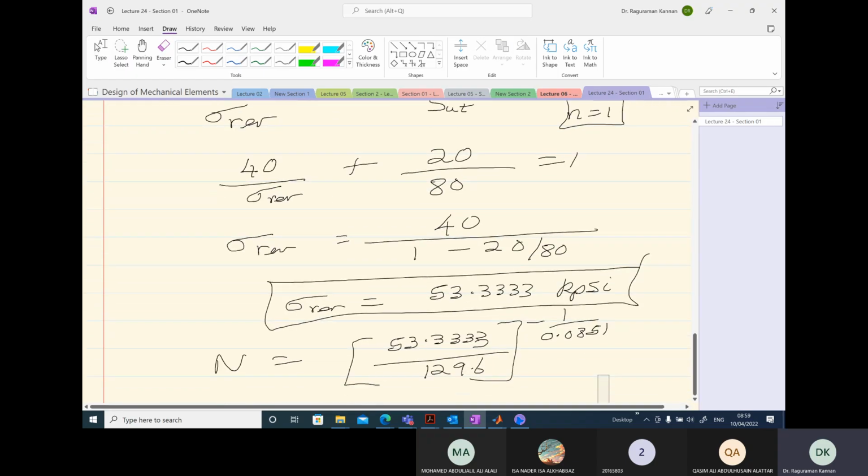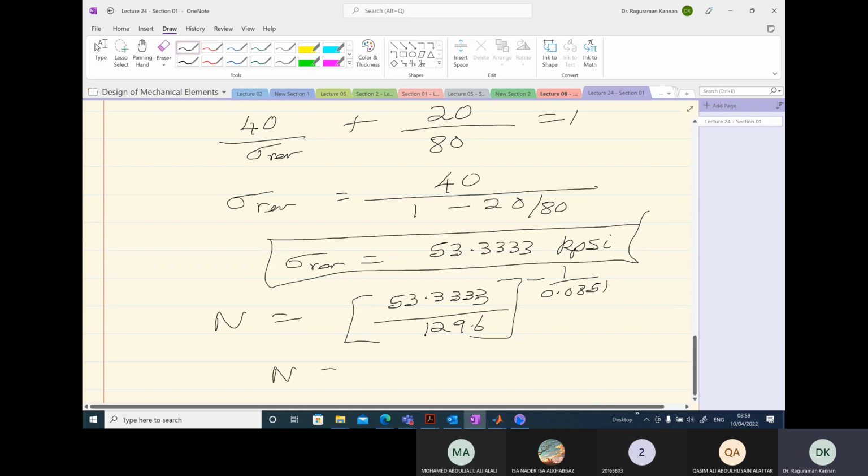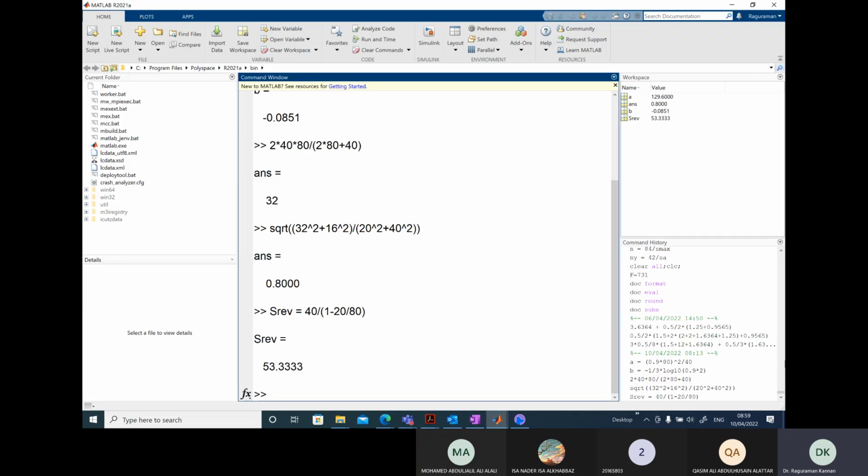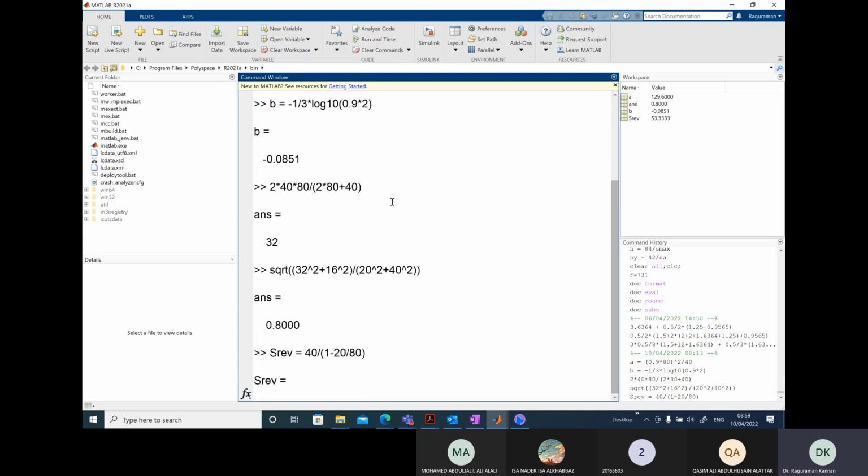So let's calculate. N Goodman, number of cycles to failure, is sigma reversible over A raised to the power 1 over b. We have calculated A and b initially.